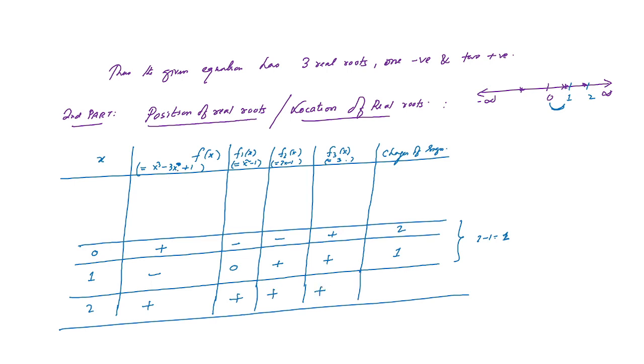If we put x equals 2 in f(x), f1(x), f2(x), f3(x), all are positive. So that means there are no changes of sign. Again you will see the excess changes of sign over x equals 1 to x equals 2. This is also 1 minus 0, that is 1. That means there is also one positive root. So we have one positive root between 0 and 1 and another root between 1 and 2.